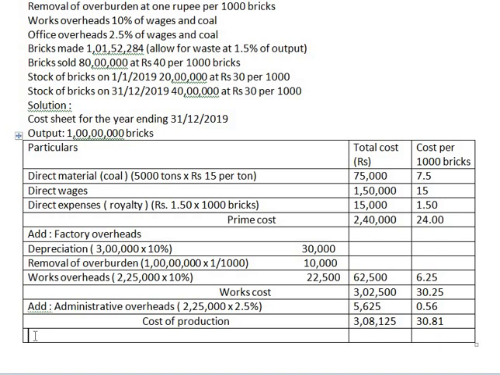Okay, it means there is opening stock of finished goods as well as closing stock of finished goods in the problem. So opening stock of finished goods, we add it, right? Add opening stock of finished goods.